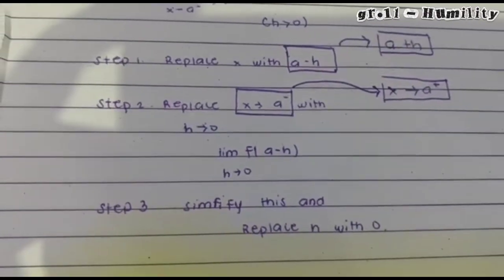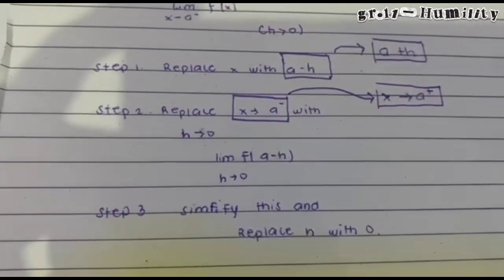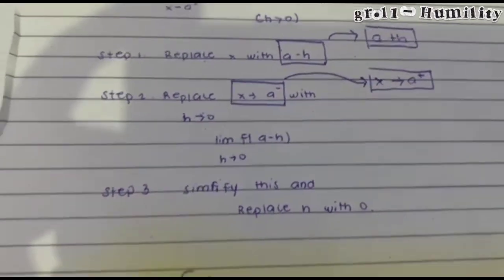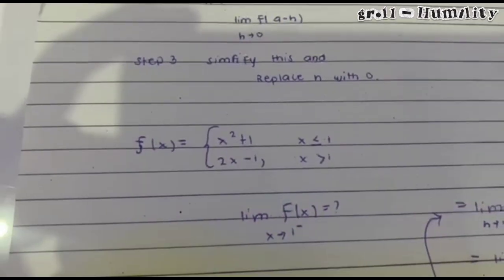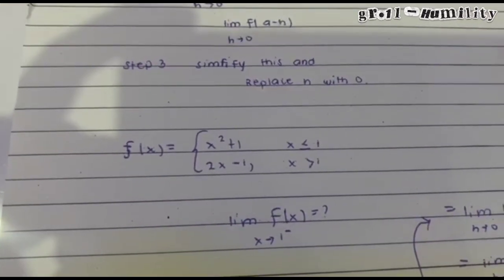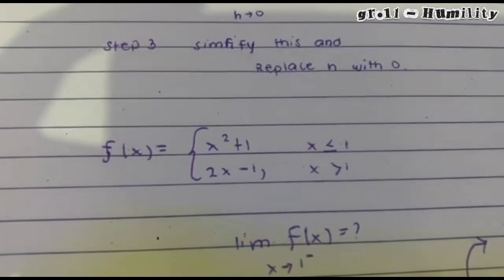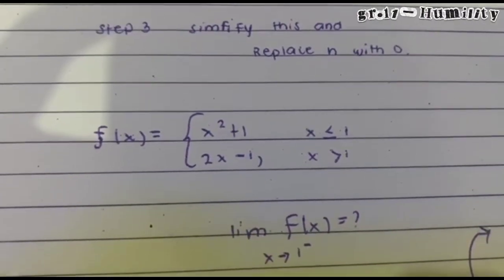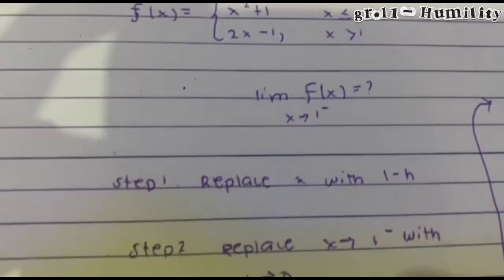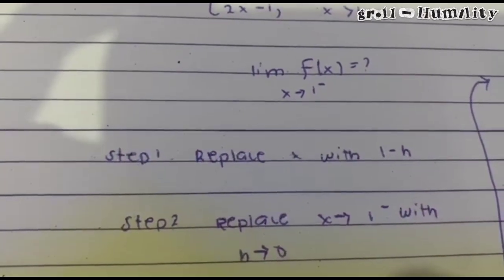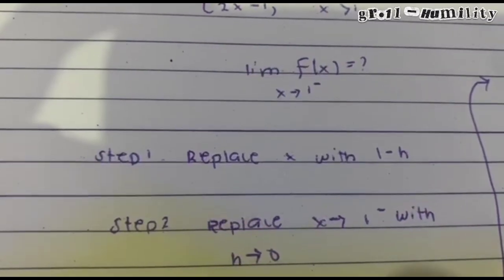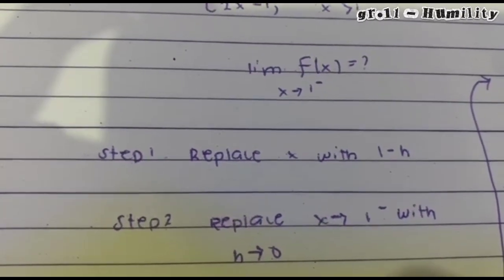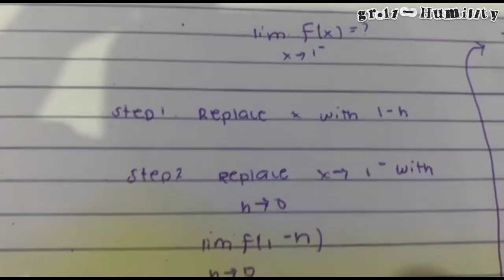As an example, consider the following function: f of x. Then what is the left-hand limit of the function as x tends to 1? So to find that, you will first replace x with 1 minus h, and then x tends to 1 minus becomes h tends to 0.